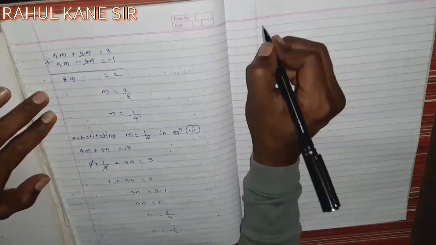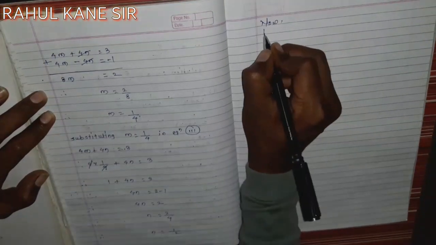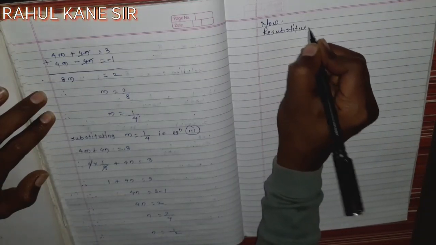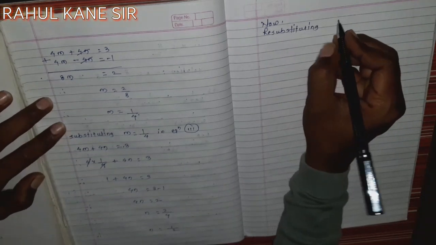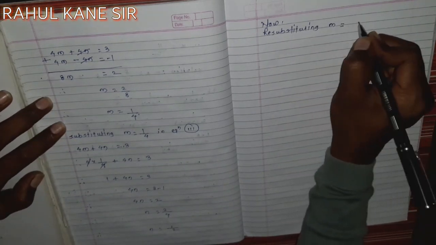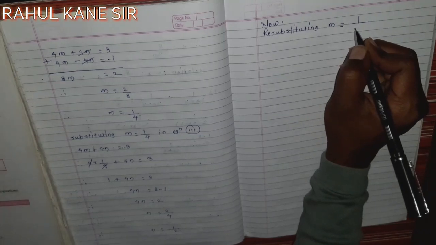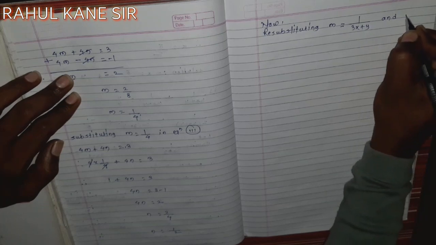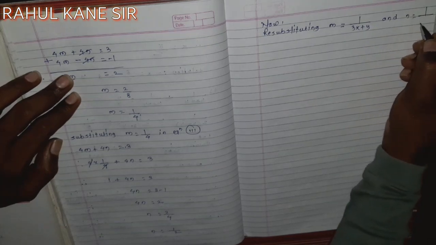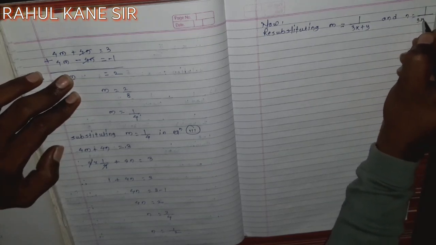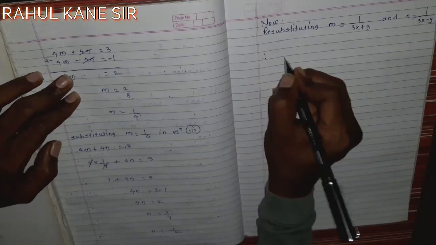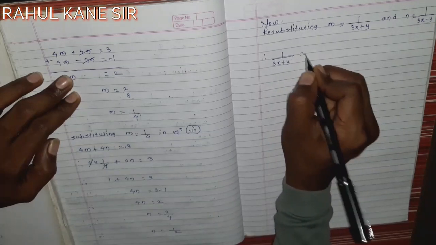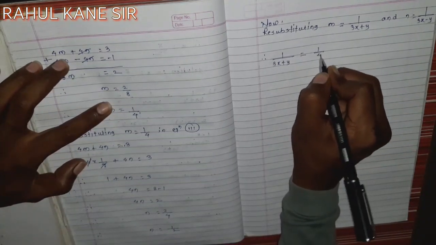Now resubstituting m equals 1 upon 3x plus y and n equals 1 upon 3x minus y. Therefore 1 upon 3x plus y equals m, and the value of m is 1 upon 4.